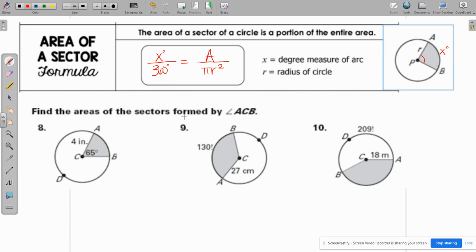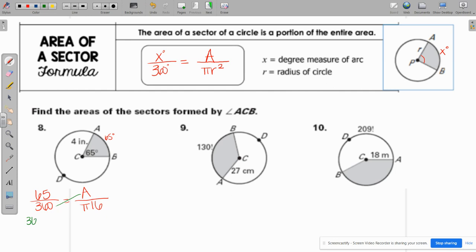In this case, angle ACB right here is 65 degrees, which means this arc AB is also 65 degrees. So our proportion is 65 compared to 360 will equal the area of the sector, which we're looking for, over the area of the entire circle, which we know is pi times the radius squared, and 4 squared is 16. To solve for A, we're going to use cross products.